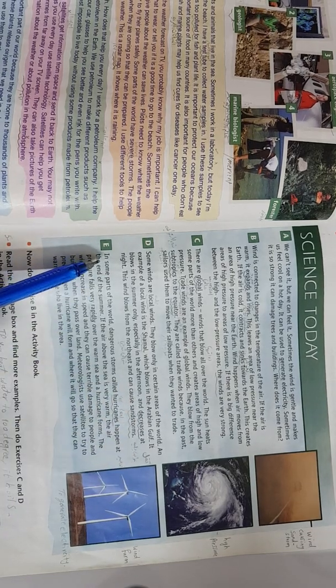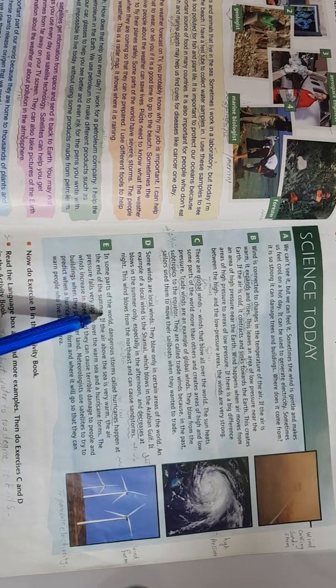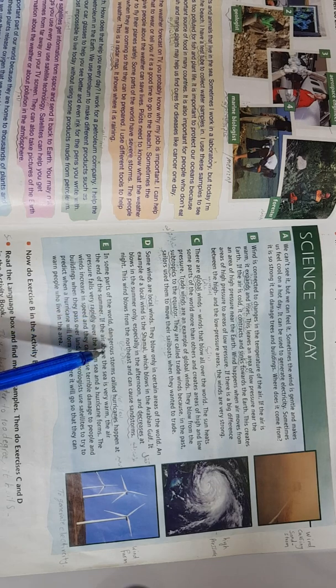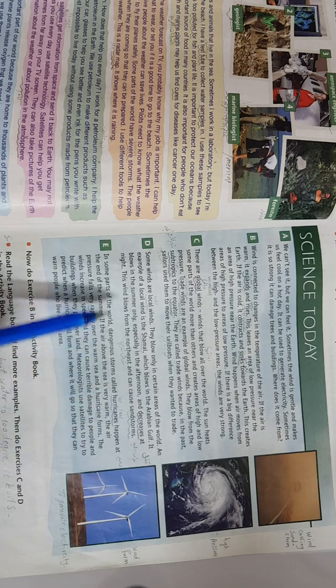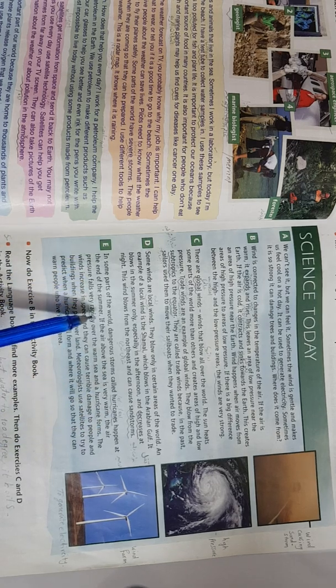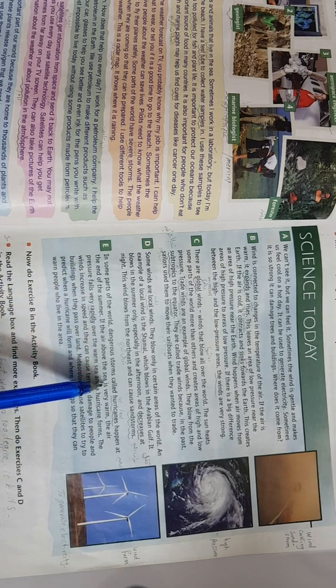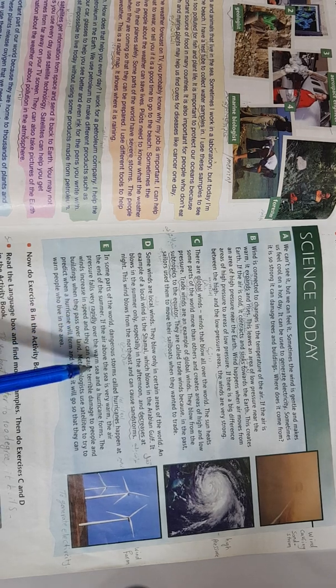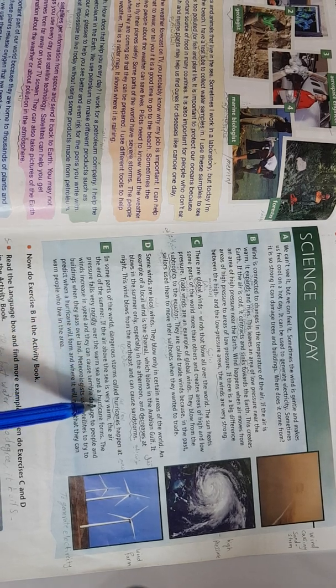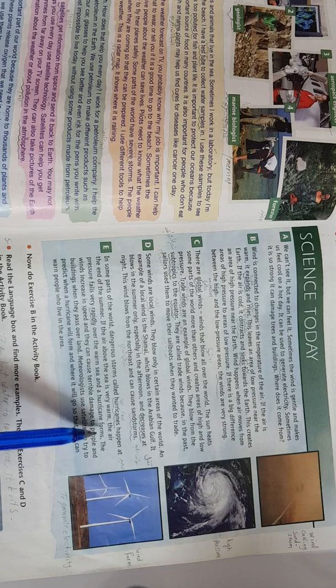The last paragraph. In some parts of the world, dangerous storms called hurricanes, الأعاصير, happen at the end of the summer. If the air above the sea is very warm, the air pressure falls very rapidly. Rapidly means quickly. Over the warm sea, the hurricane forms.